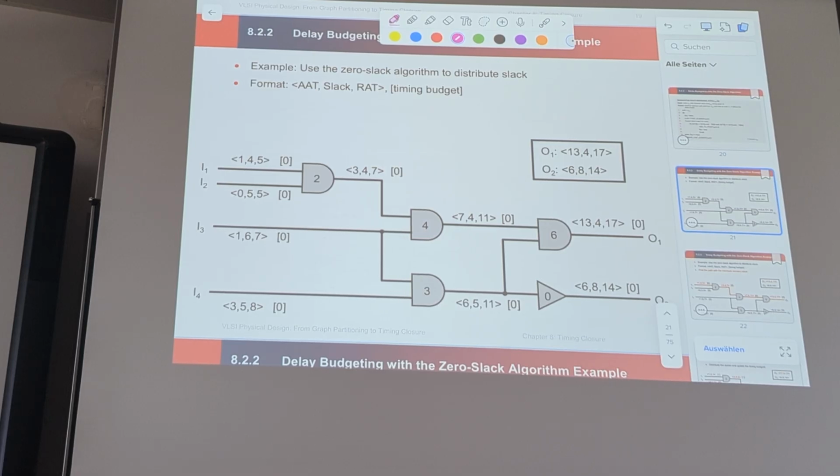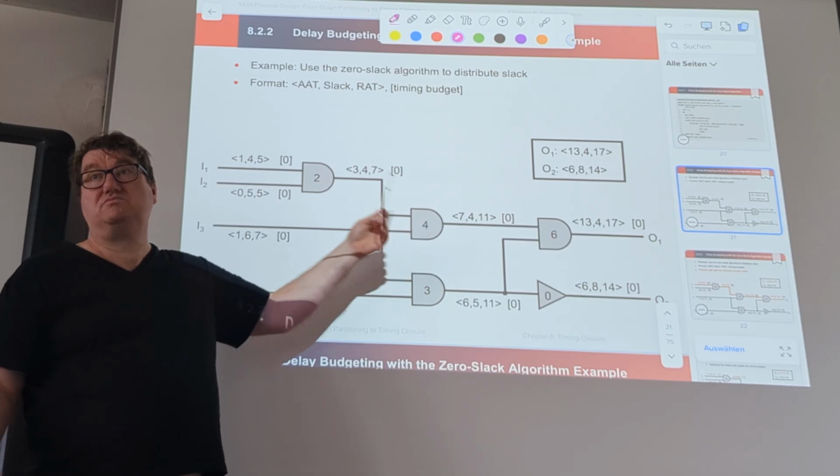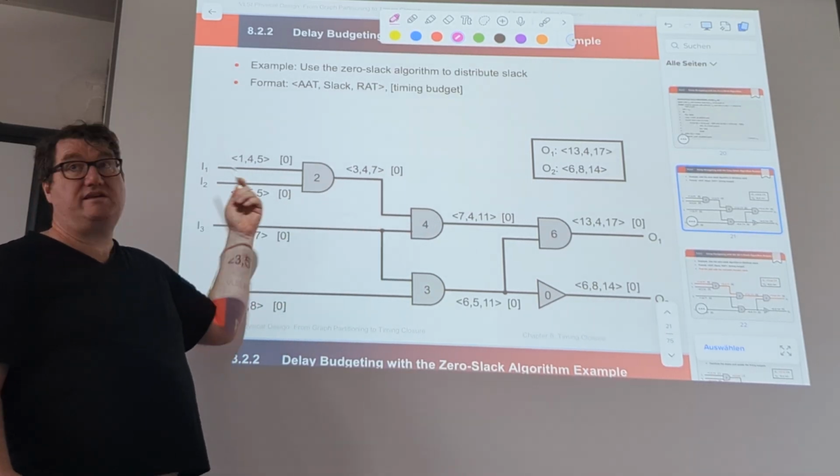How can you get an idea that this gate can move further away, I can make it worse, but at this gate I have no margin? We know that we have slacks, so there is some possibility, but how can we assign this to individual nets and gates?